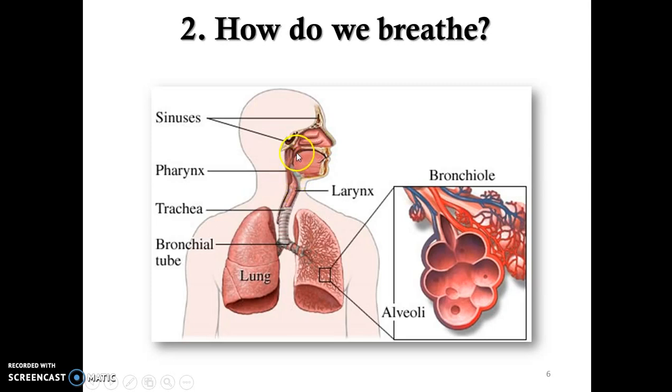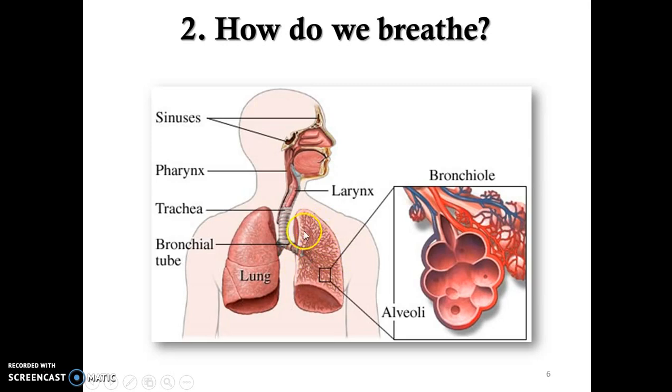In this case, we want that air to go into the respiratory system, so it goes into the larynx, and then down the trachea into the bronchial tubes, which take us right into the lungs here.